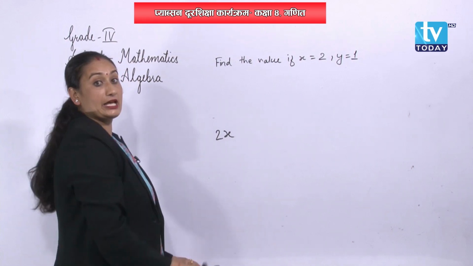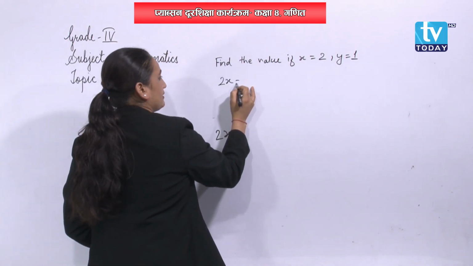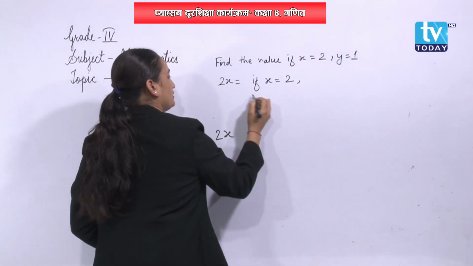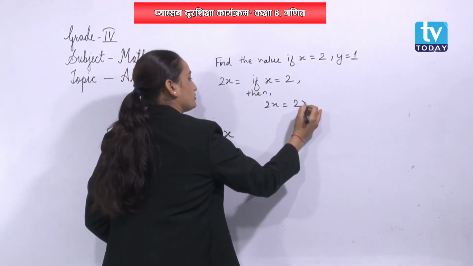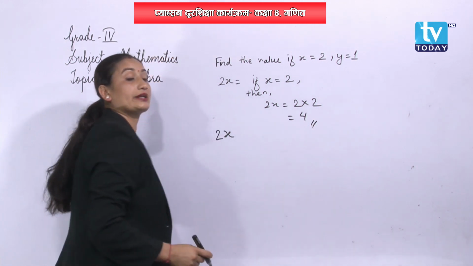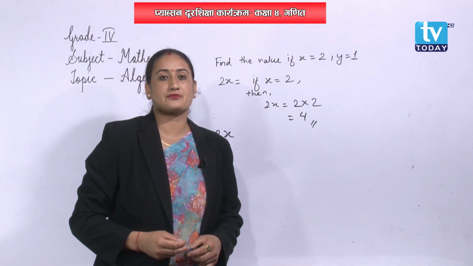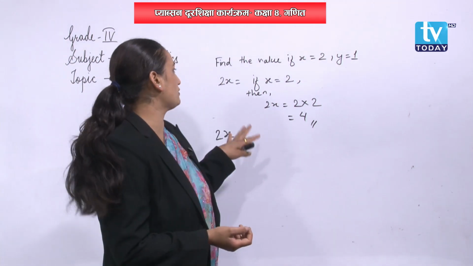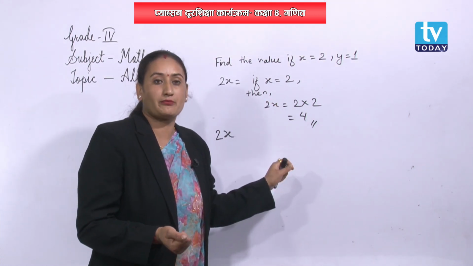In 2x, if x equals 2, then 2x equals 2 into 2. That's the full answer. Can we write it like this way? Okay. After substituting the value, then we can find out the value of any unknown numbers.